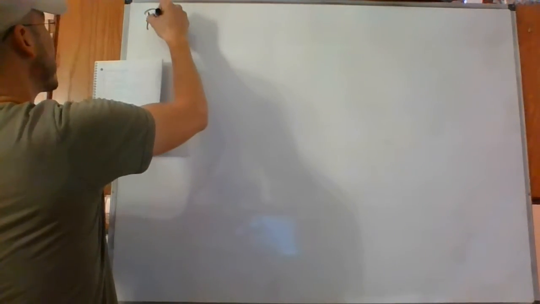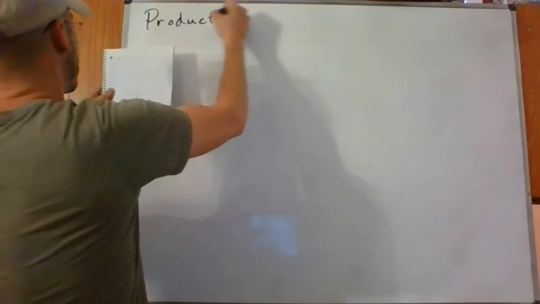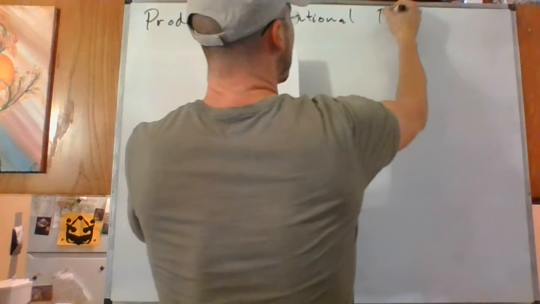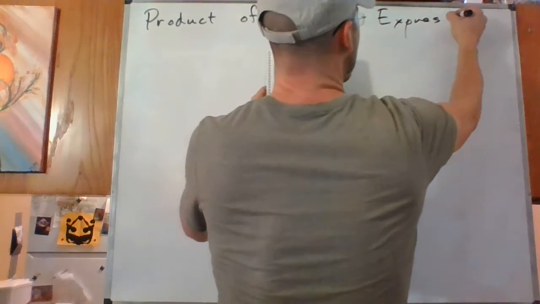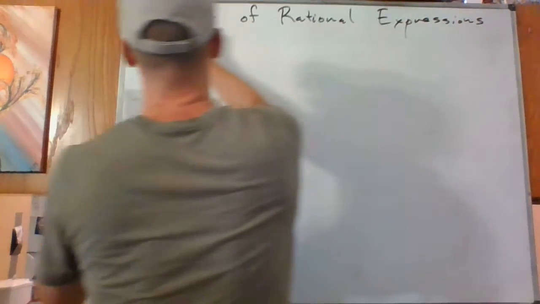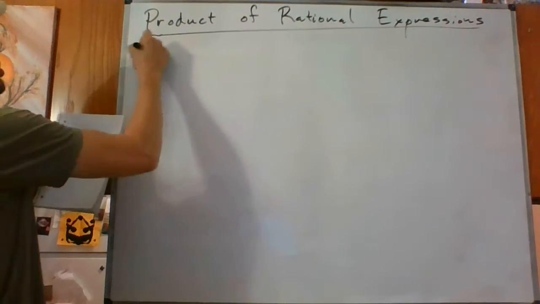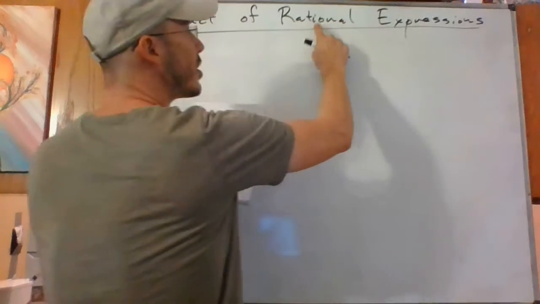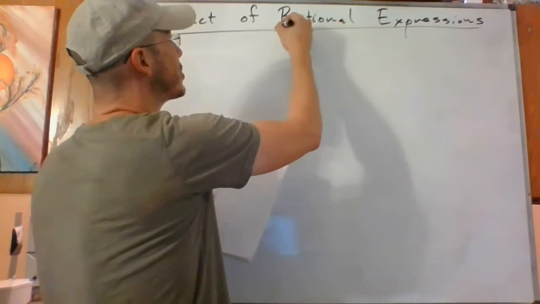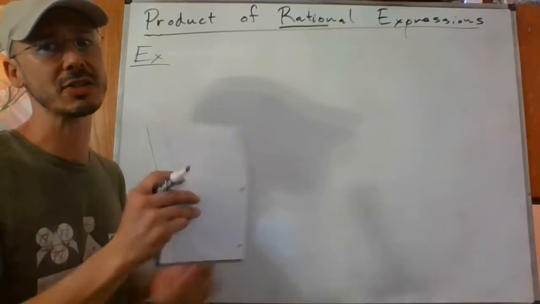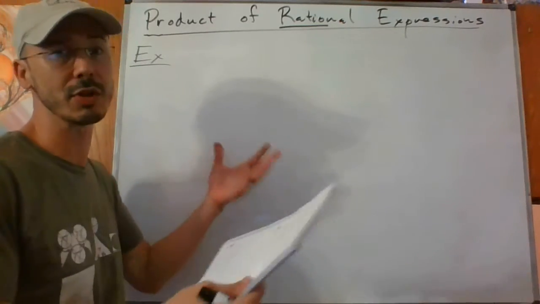So first though, we're going to look at the product of rational expressions. And to do this, you need to keep in mind that since they're fractions, rational has the root ratio, and a ratio and a fraction are the same thing in math.